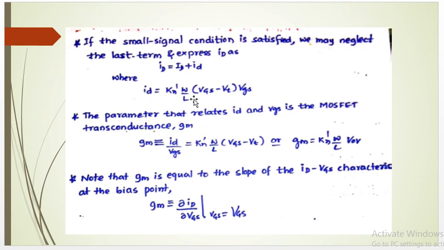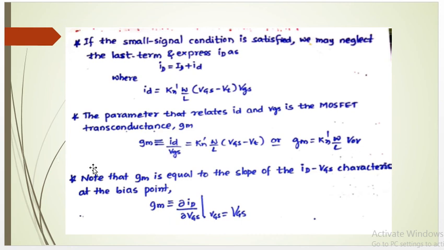If you take this term on the left hand side, id divided by vgs, you will get gm. So this term can be written as Kn dash W by L VGS minus VT, or Kn dash W by L VOV, where VOV corresponds to overdrive voltage.